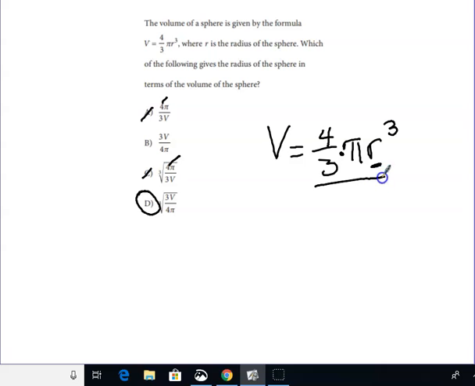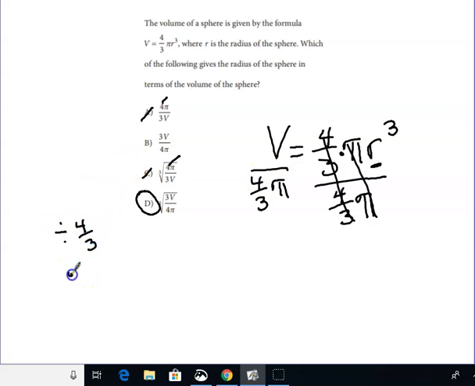So yes, I would divide by 4/3 pi, just like I did on the last problem. It's just that my 4/3 is a fraction, and it's not pretty to have a fraction within a fraction. When you learned how to divide with fractions, you learned dividing by a fraction is the same thing as multiplying by the reciprocal.